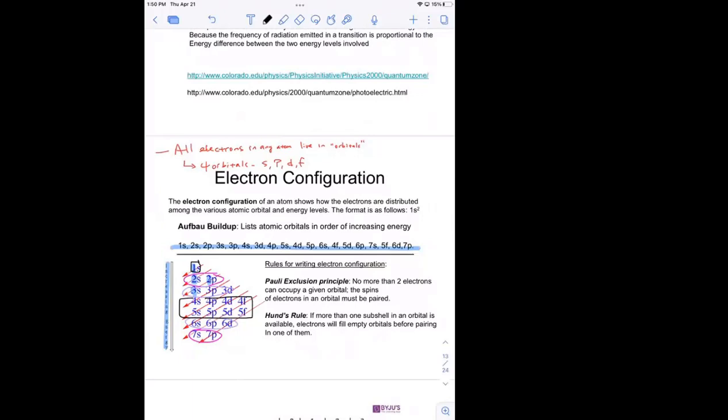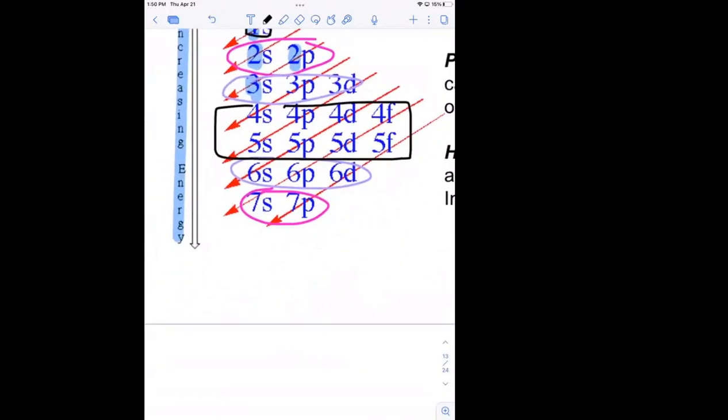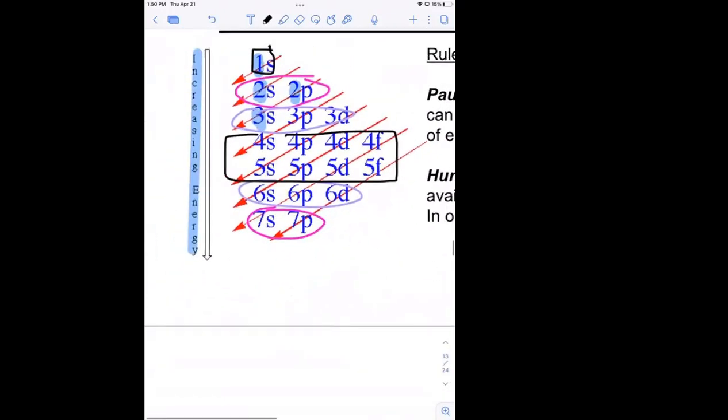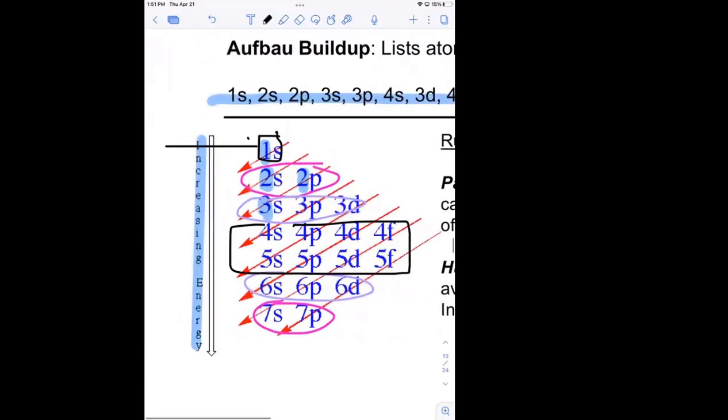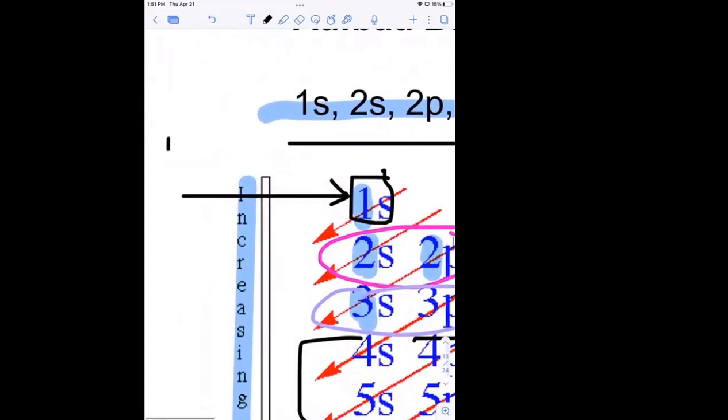All right. So those numbers 1, 2, 3, 4, 5, 6, and 7, we're going to talk about this on Friday, are what we call quantum numbers. And then 1, 2, 3, 4, that's what we call the principal quantum number. It tells you what energy level you're working in.